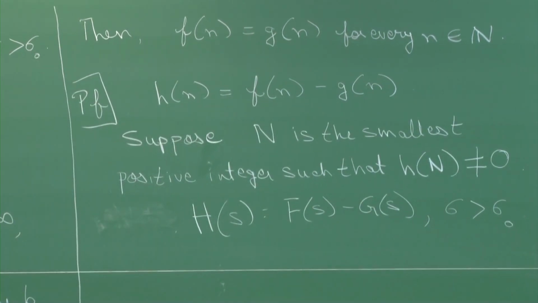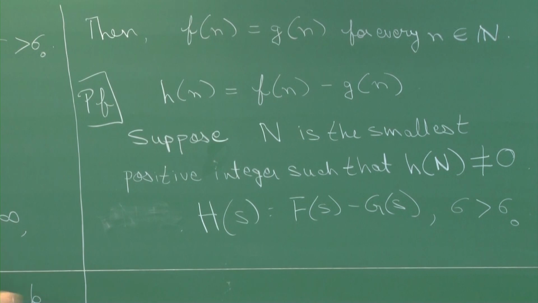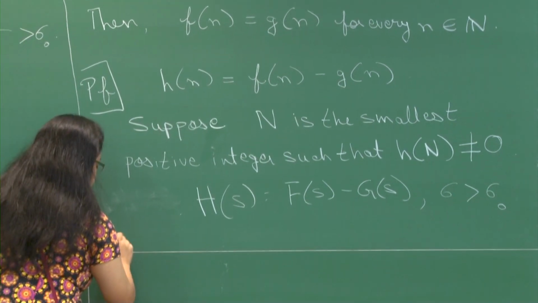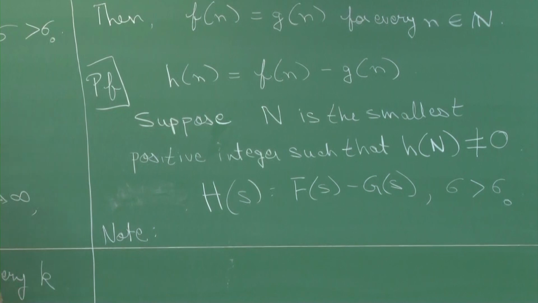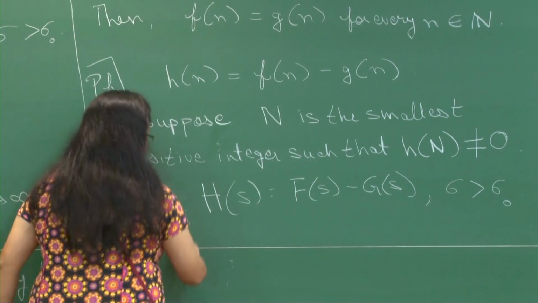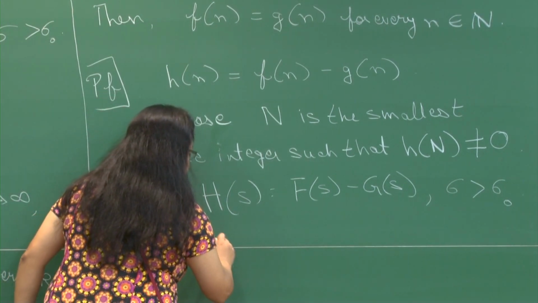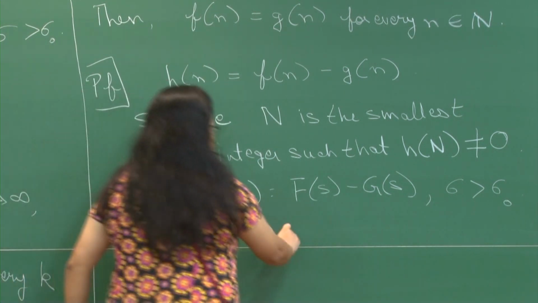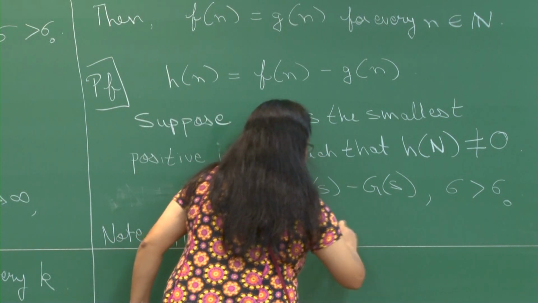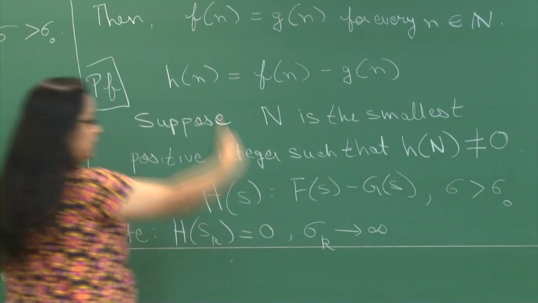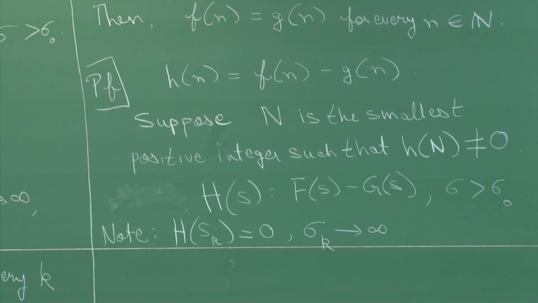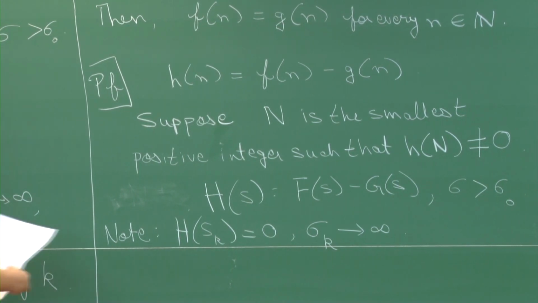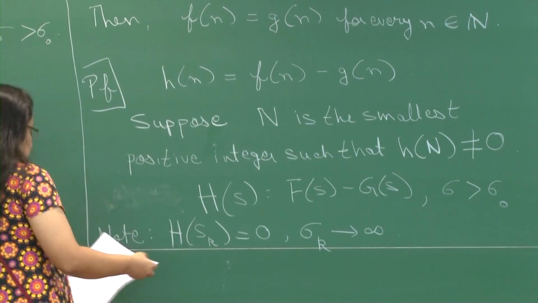What we know, by the hypothesis of this theorem, is that H of s sub k is 0 for all the s k's with real parts going to infinity. Now, from your lemma 2, from this inequality that we wrote here, what do we have?